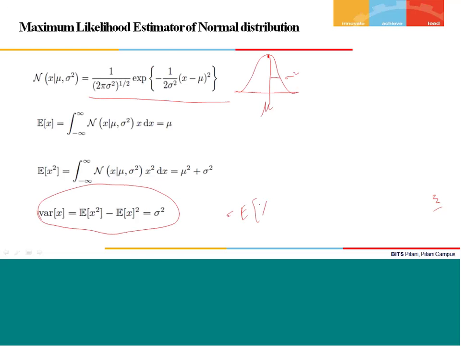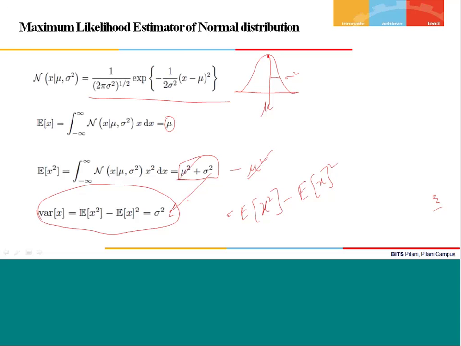If you remember the last slide of the last probability lecture, we expressed the variance of x in this form. E[x square] is equal to this, E[x] is equal to this, and when you do E[x square] minus E[x] square, this mu square cancels out and this is the sigma square here.